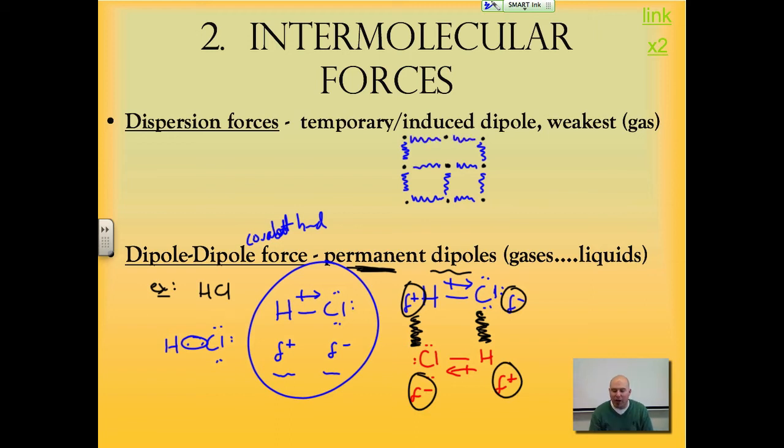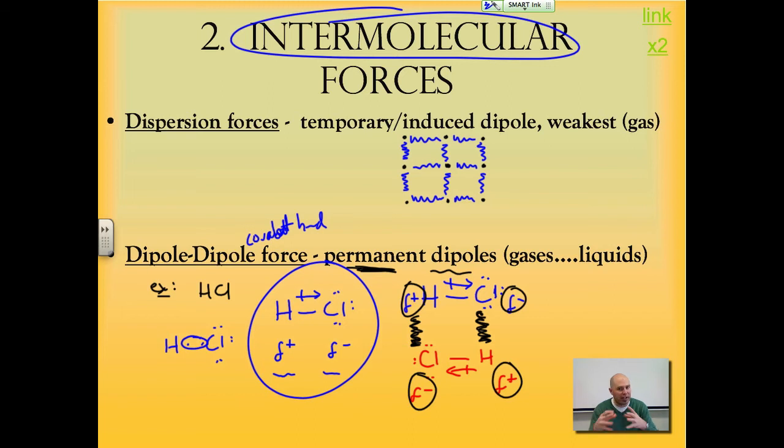Hence the fact that most dipole-dipoles might be liquids at room temperature, because since it's an intermolecular force, not a bond, but an intermolecular force that's permanent, it kind of holds them in place. They may be able to move, and certainly some dipole-dipoles have gas molecules. But that's what a dipole-dipole is, it's permanent dipoles.